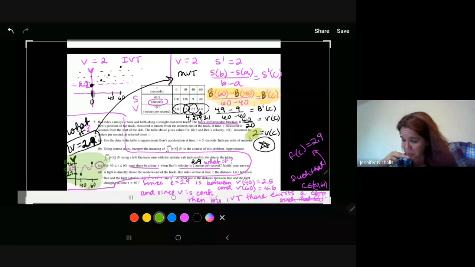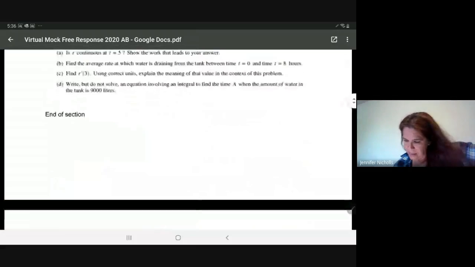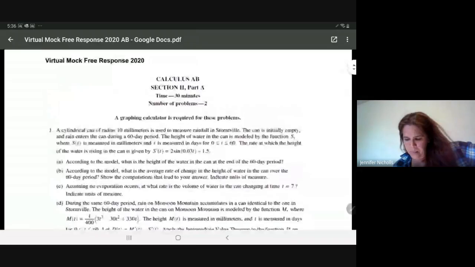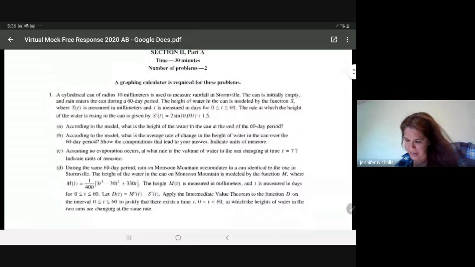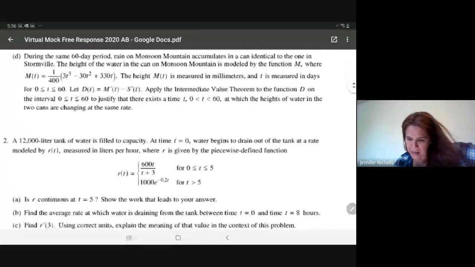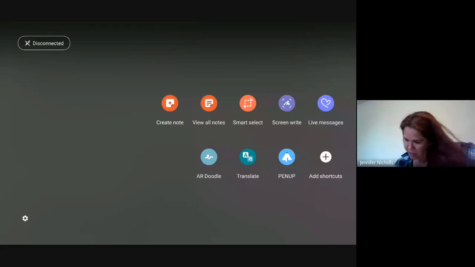Okay, and on this one specifically, this year, whatever year this was, I forgot what year, so I have to look back. But this had 2, because look, this one actually said apply the intermediate value theorem. So look on this one. Okay, it said apply the intermediate value theorem on this one. So let's just see what they're talking about.